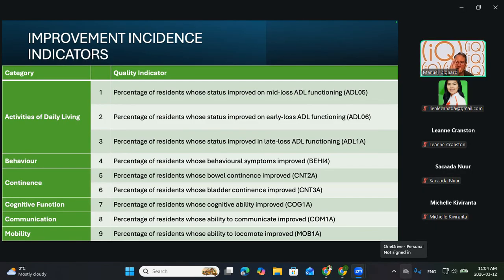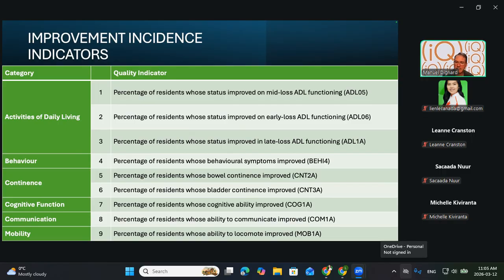We're doing every domain: daily activities, daily living, behavior, continence, cognitive function, communication, mobility, right? Did the resident get better in this area over the past quarter?